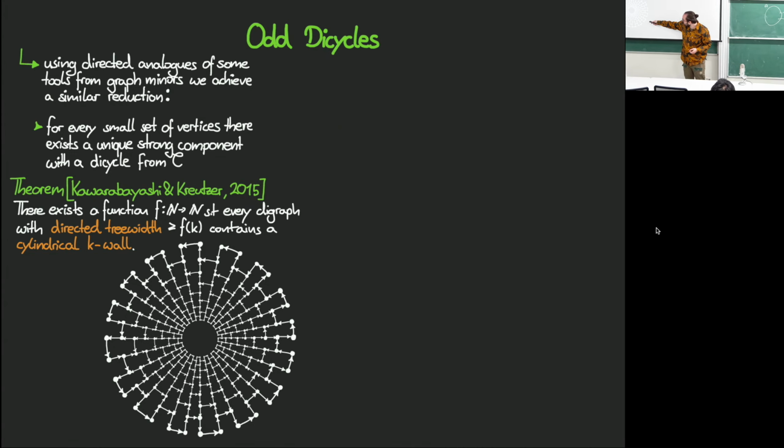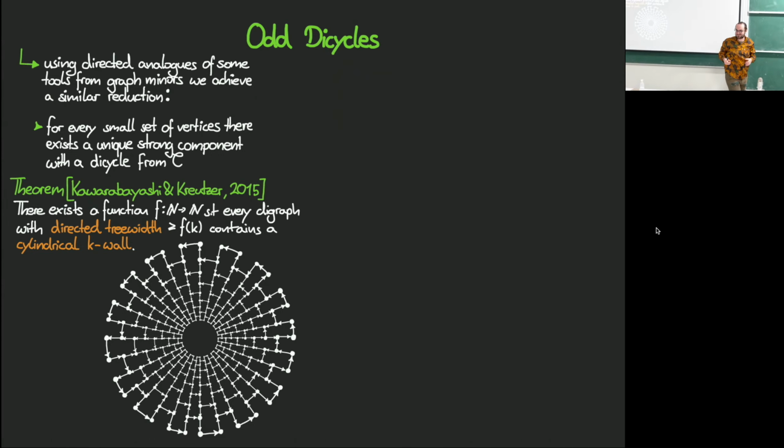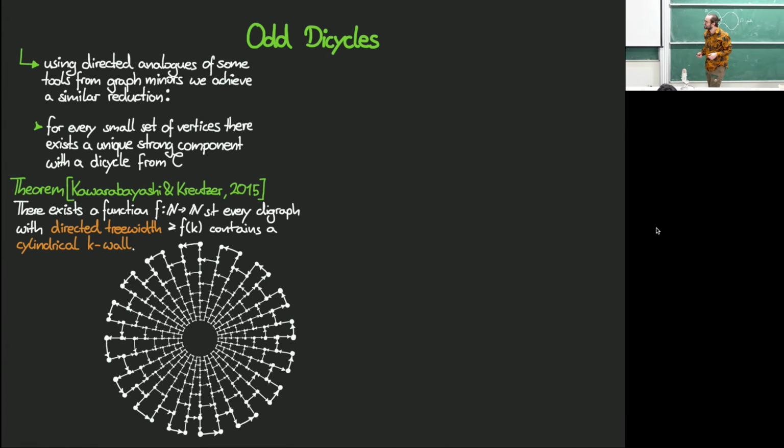Here I did not do the grid, this is now my wall. You can kind of see it, it's like a tower in some sort, but it still rotates. And it still has this nice property. All of the cycles have to separate the very inner face from the very outer face. So all of these cycles are kind of bound to behave in a certain way inside of this wall.